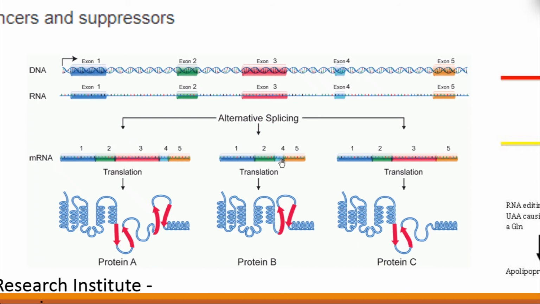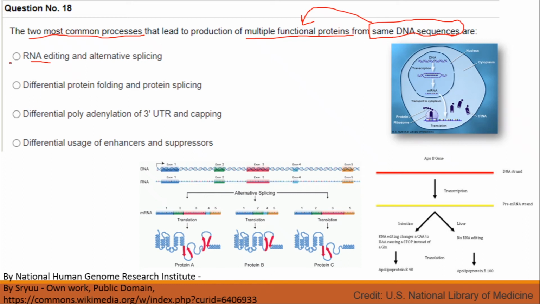For example, as we can see here, if you join exon 1, 2, 3, 4 and 5 together and this mRNA undergoes translation, you are going to get protein A. Whereas if you skip exon number 3 and join just 1, 2, 4 and 5, you are going to get protein B. Similarly, if you skip exon number 4, you are going to get protein C. Thus, with alternative splicing, using the same DNA sequence, you can form different types of proteins. I hope now we have got our answer.